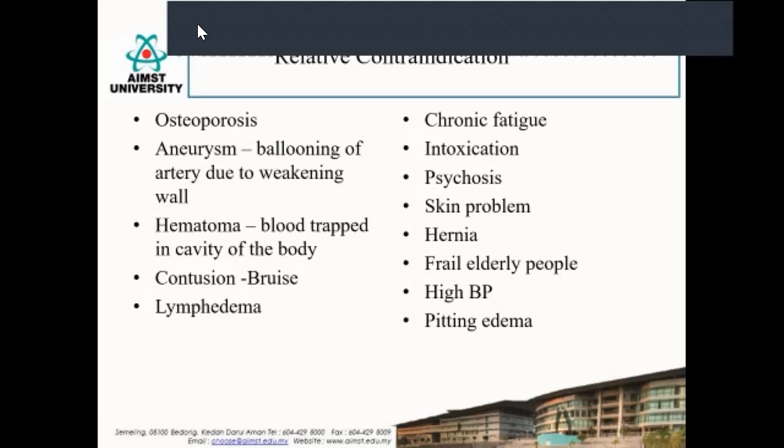If you see your grandparents, their height would have been reduced. They would have become stooped. This is because of the osteoclast activity. These people will definitely have osteoporosis. Osteoporosis means weakness of the bone.